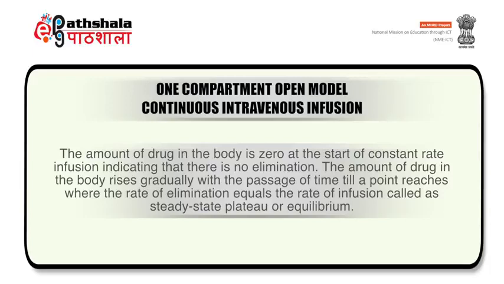The amount of drug in the body rises gradually with the passage of time, that is elimination rate is less than the rate of infusion, till a point is reached where the rate of elimination equals the rate of infusion, that is the concentration of drug in plasma approaches a constant value called steady state plateau or equilibrium.